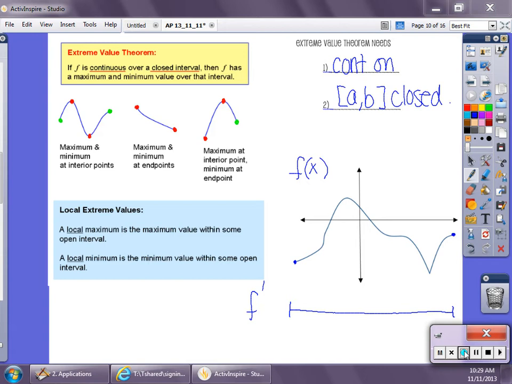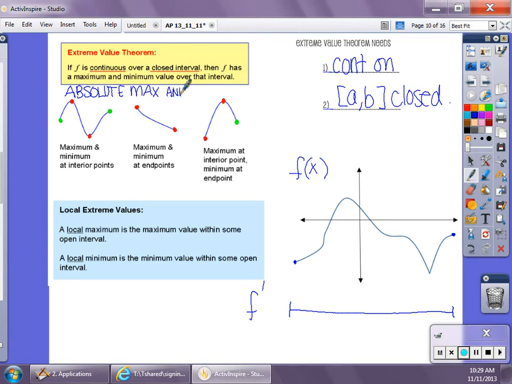So EVT, what it guarantees? Guarantees max and min. It guarantees that as long as it's closed and continuous, you will have not only a max and min. I'm going to add the word here. So right here it says everything. You're actually guaranteed absolute max.